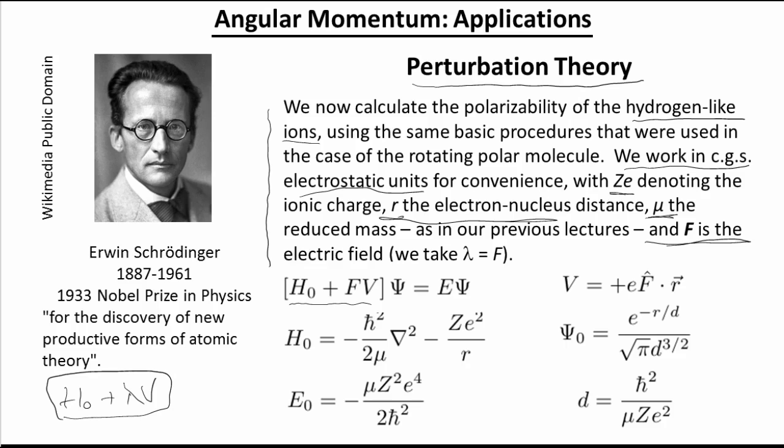So I'm just going to use F as the field strength, equivalent to lambda, and that means that the perturbation here is just given in terms of the scalar product of the unit vector with the radius times the charge. That hat means a unit vector now.